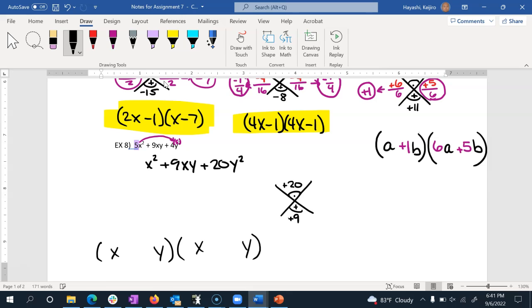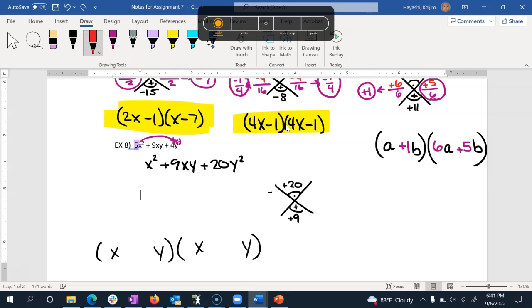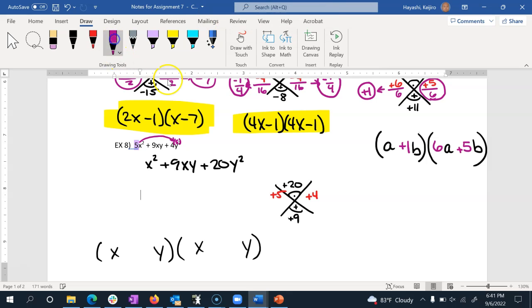Yeah, plus 5 and plus 4. And you're going to divide by whatever number you slid in the beginning, which was 5. Okay, 4 over 5 will not reduce. 5 over 5 will reduce to plus 1.